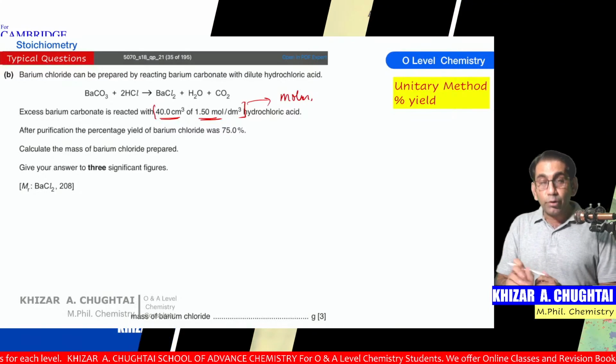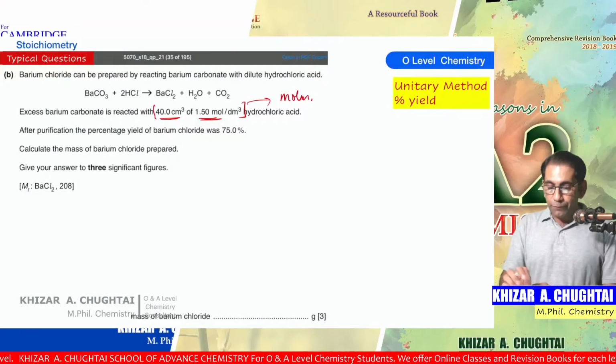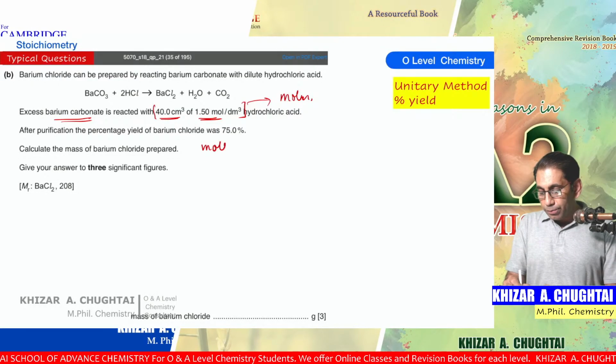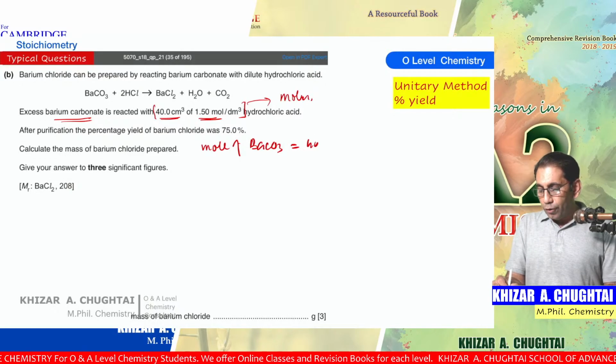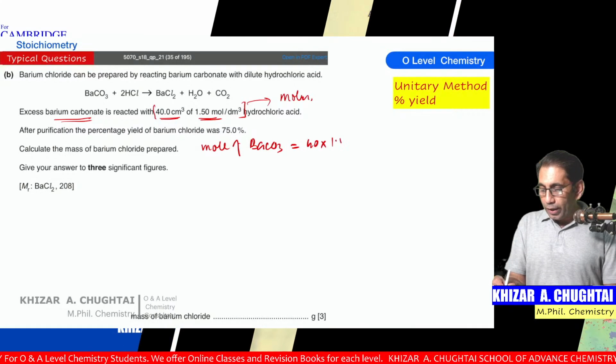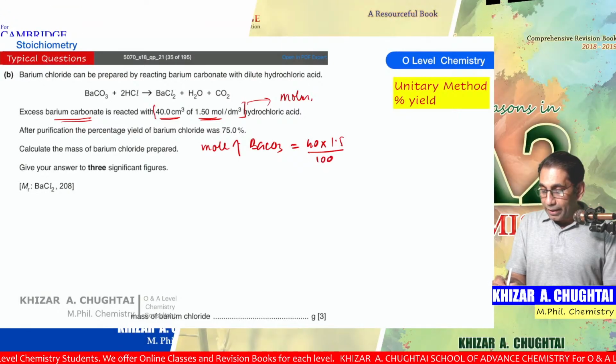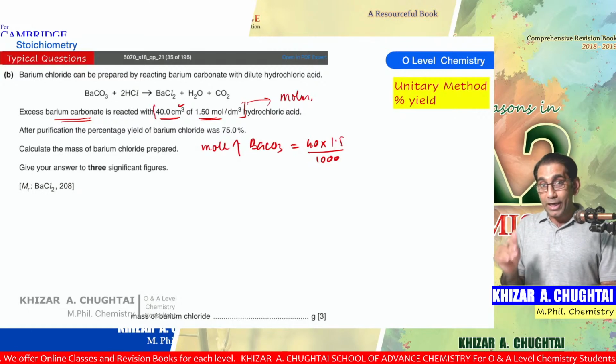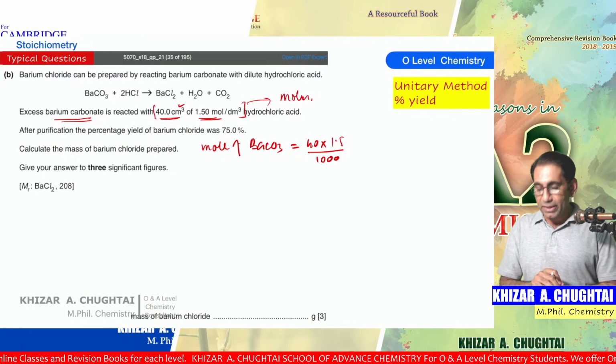So first of all, I'm going to find the mole of this HCl. Mole of HCl is equal to 40 into 1.5 divided by 1000, because this volume is in centimeter cube. So I will divide by 1000.